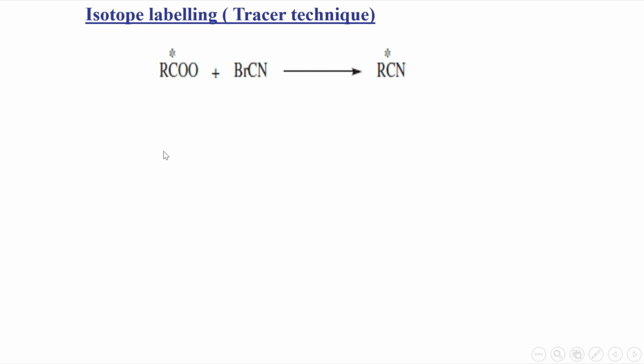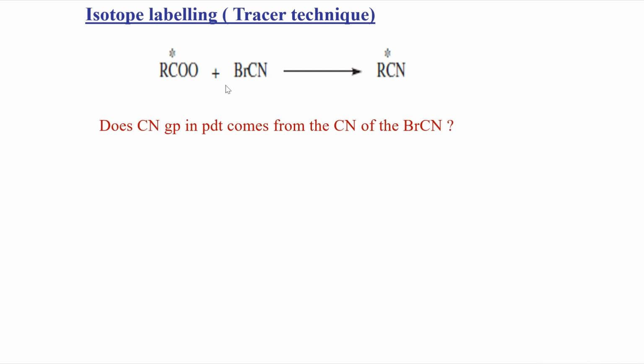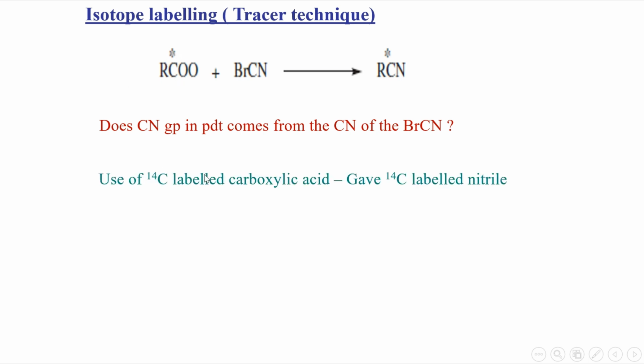What does it indicate? The cyano group in the product is not coming from the cyanogen bromide. It has come from the same starting material, which means it is not a simple substitution.